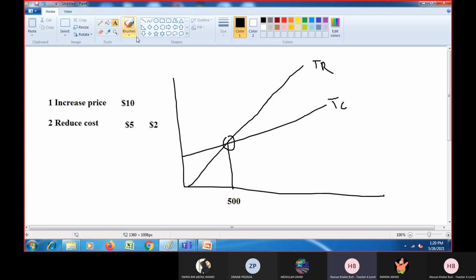Total cost curve will be less steep. Remember, total cost will start from there, but now it will go like this. Why? Because now instead of multiplying it with $5, let me tell you, you know that the total cost is equal to fixed cost plus variable cost.